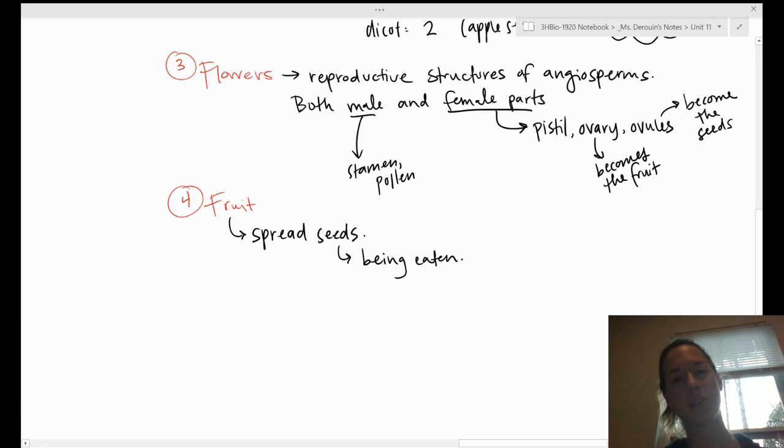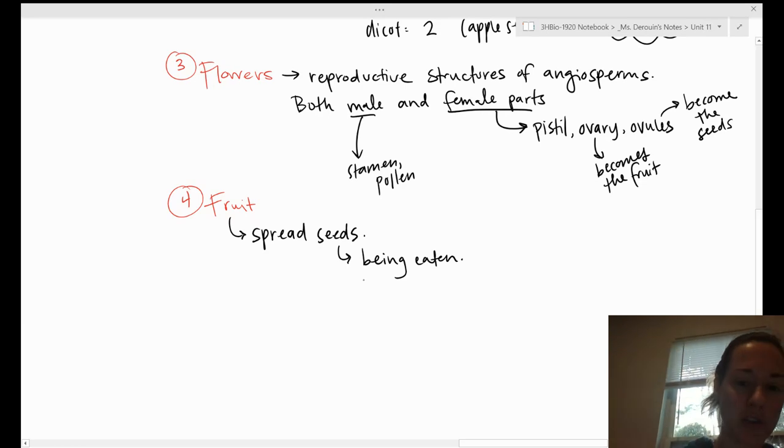This happens a lot with bears and certain berry species: the bears will eat the berries and then the seeds will survive the digestive tract of the bear. And wherever the bear lets the seeds out is where they'll grow, hopefully in a favorable location.